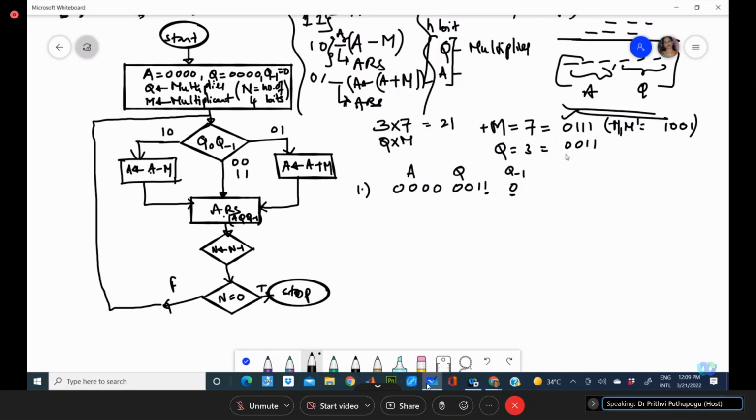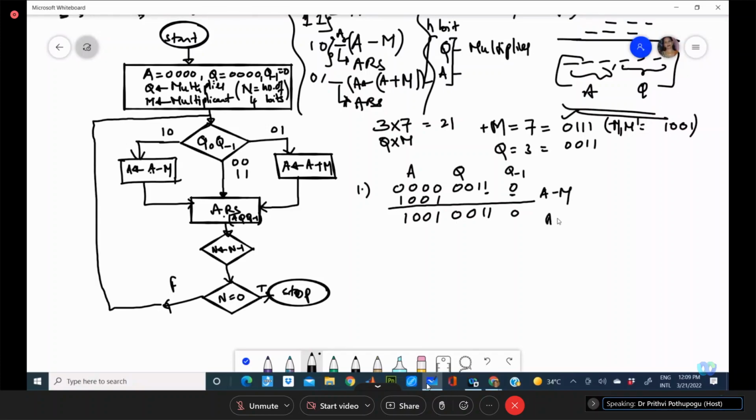Now what we have to do? We need to add the complement to this one. If you add, the result you'll be getting is 1 0 0 1 0 0 1 1 on Q's, and this is 0. Then this is A minus M performed.